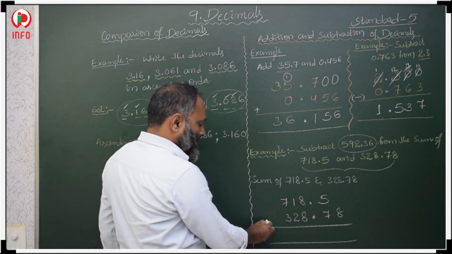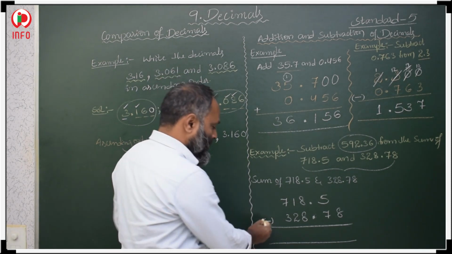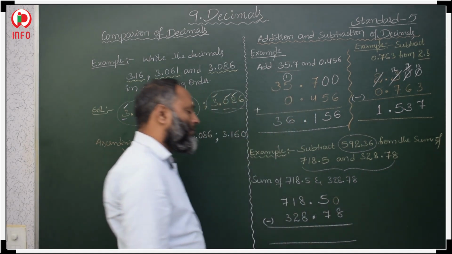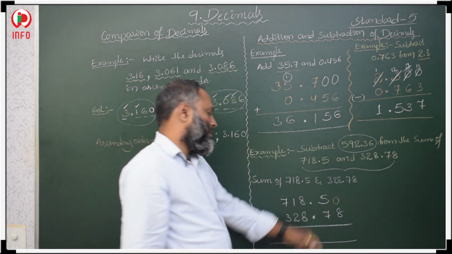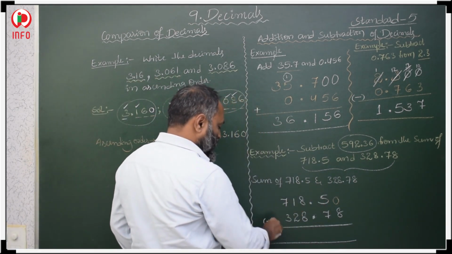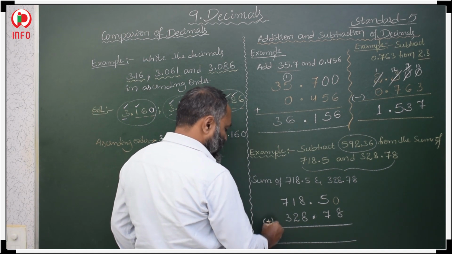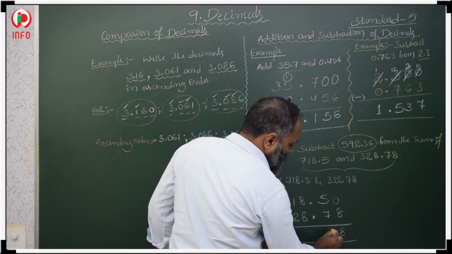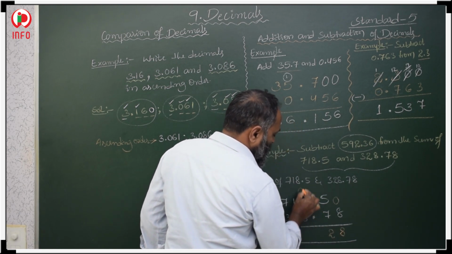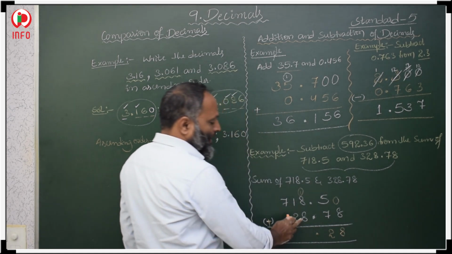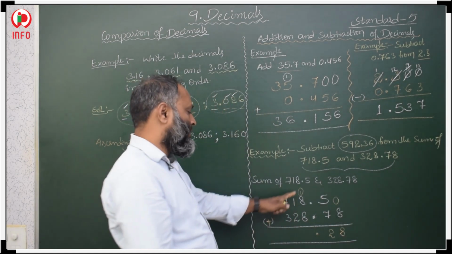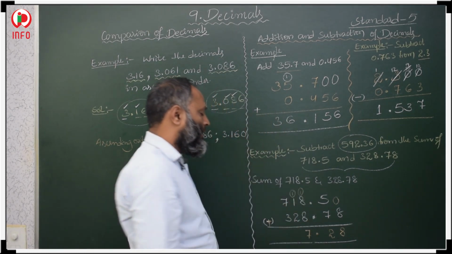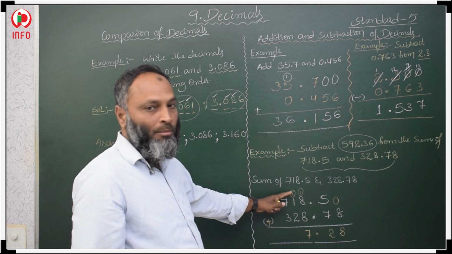Now subtract, minus. So here 0. Subtract means add, not subtract. Here we have to find the sum, addition. 0 plus 8 is 8. 5 plus 7 is 12. 2 and take carry over on ones place. 8 plus 8, 16, 16 plus 1, 17, 7 and take carry over 1. 2 plus 1, 3, 3 plus 1, 4.